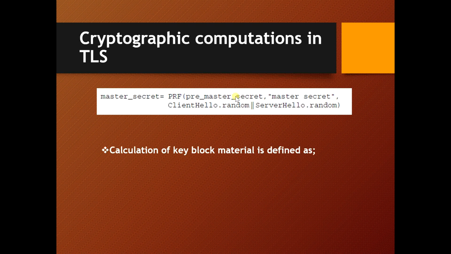This is achieved by using the pre-master secret as the secret, the string "master secret" as the label, and the concatenation of the client random number and the server random number as the seed. So the form of the TLS calculation is a little different from SSL version 3.